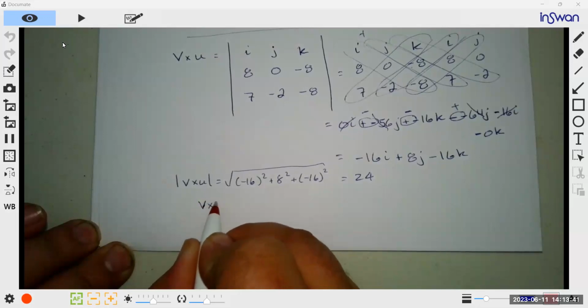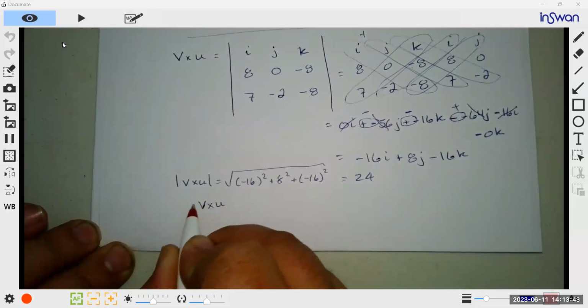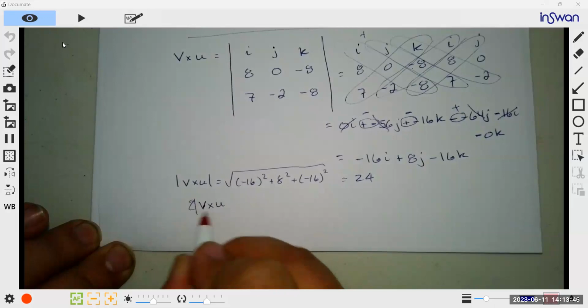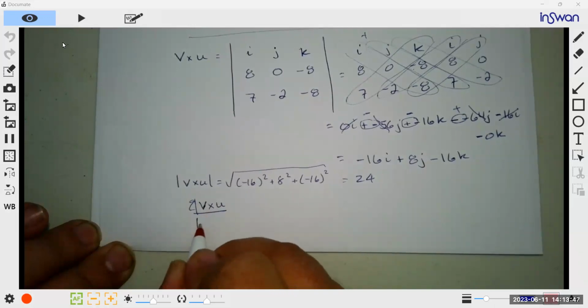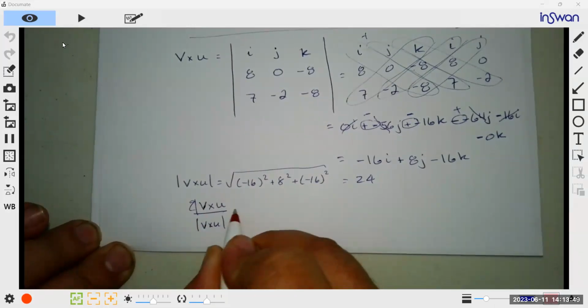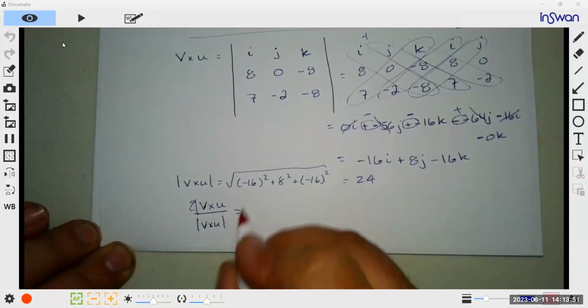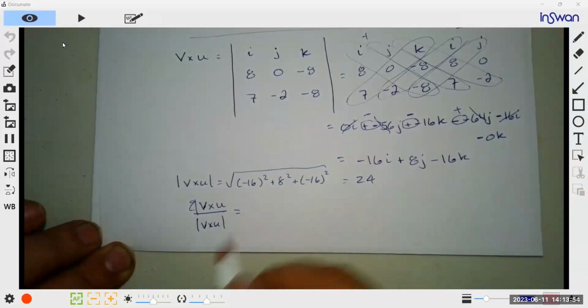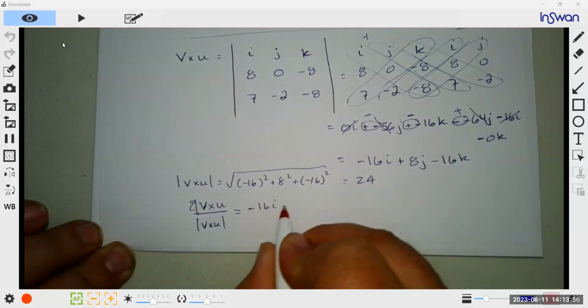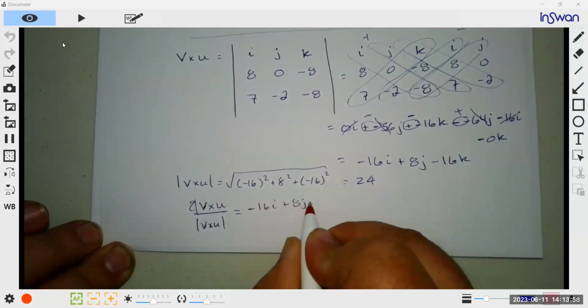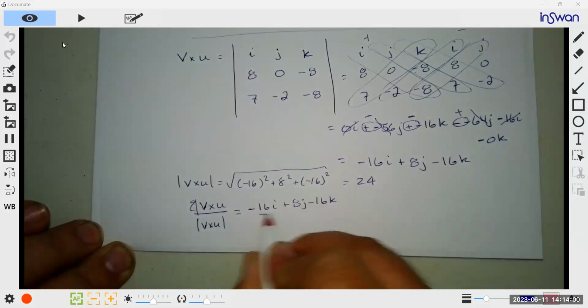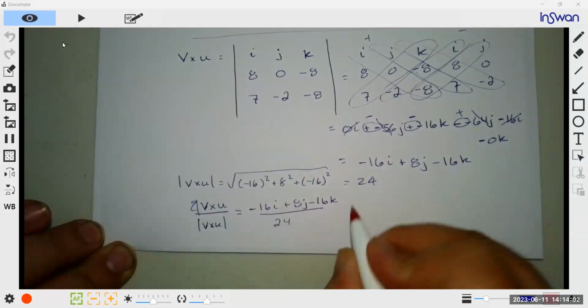So v cross u is negative 16i, 8j, 16k over 24.